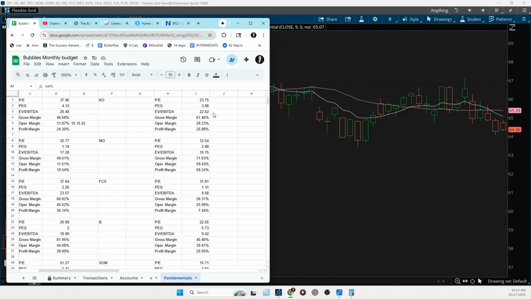I would try to be a little more finicky with Coca-Cola as far as overpaying, but MO seems like, of course, if you got it lower you maybe get a better PEG ratio, but the PE is already really low. It's basically a 10 EBITDA. It's super profitable.